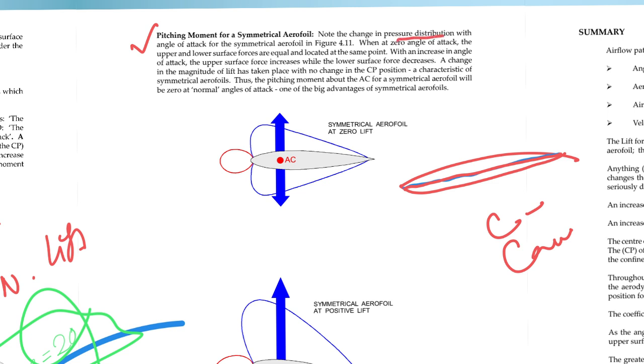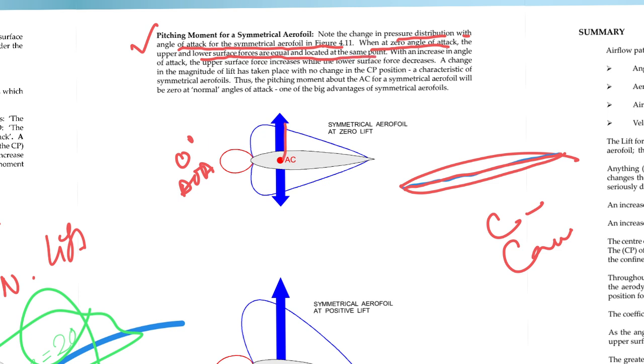Now what happens in a symmetrical airfoil? Look at the pressure distribution with angle of attack for the symmetrical airfoil, figure 4.11. At 0 angle of attack, the upper and lower surface forces are equal and located at the same point.